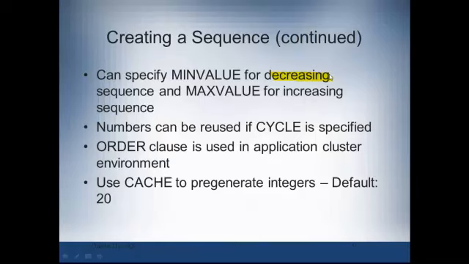So the next number would be 999, and then the next number would be 998. Okay? So you would specify a min value to prevent from going below a certain number. For example, you don't necessarily want to go past or below 1, or go below 0 maybe. You just don't want to get into negative numbers.